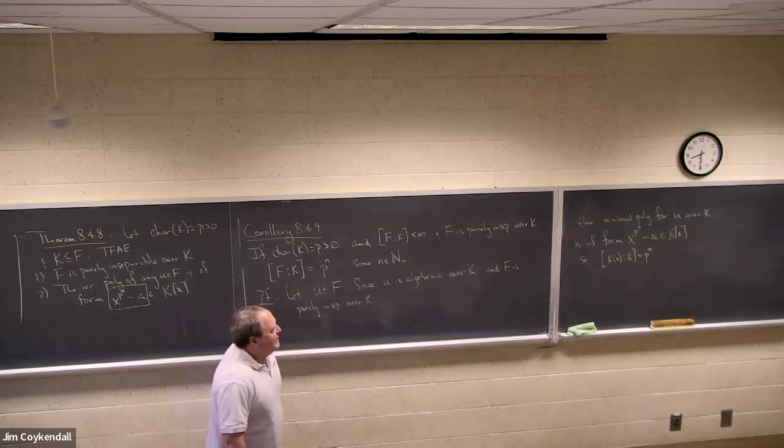So what we're saying is the degree of any simple intermediate extension is a power of p, right?